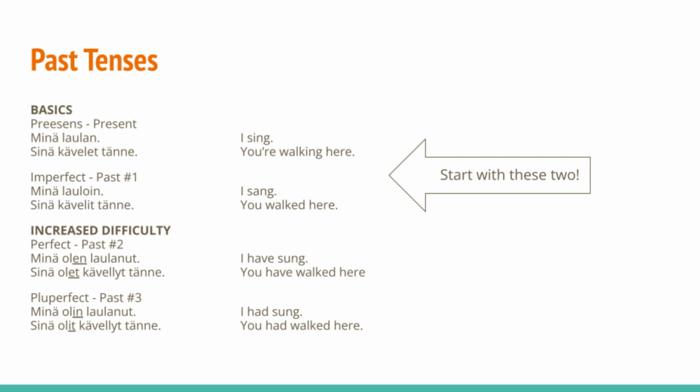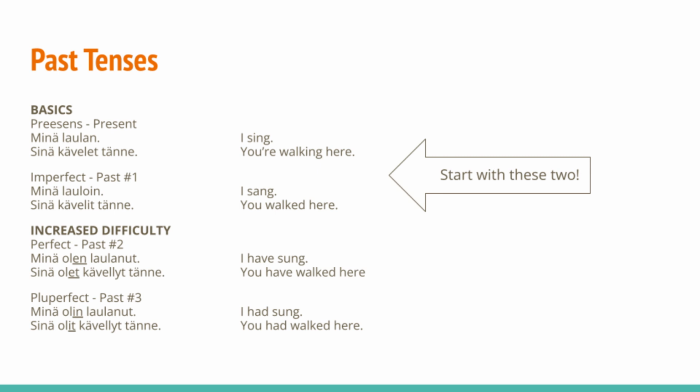Minä lauloin, I sang, sinä kävelit tänne, you walked here. It's as simple as past tense can go in Finnish, but if you at some point consider the imperfect easy, you can definitely move up to perfect and pluperfect. It's a very difficult and long word, I'm sorry, but pluperfect is the shorter version.